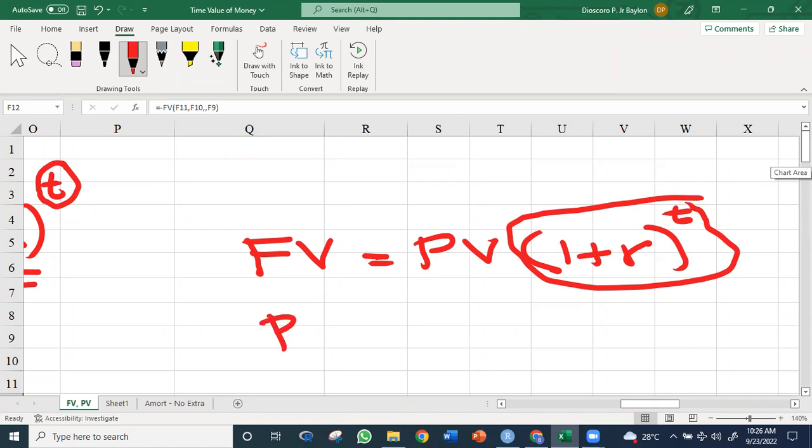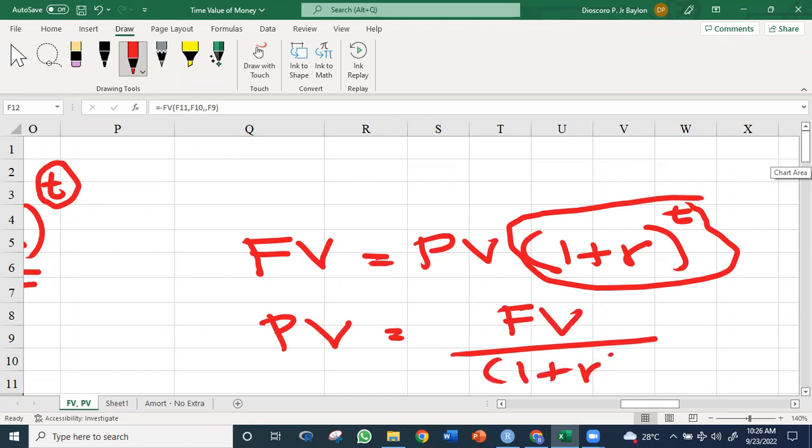And when we compute for the present value, it will become equal to future value divided by 1 plus R raised to T. Okay, so this is 1 over 1 plus R raised to the T. And the 1 over 1 plus R raised to the T is called your discount factor.